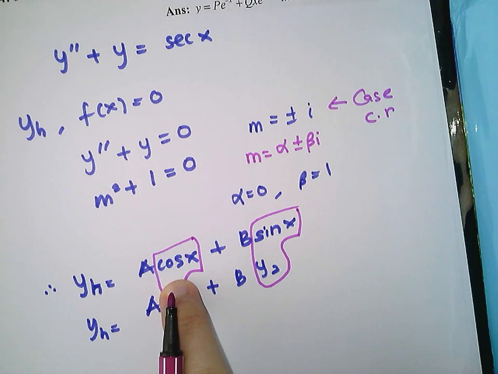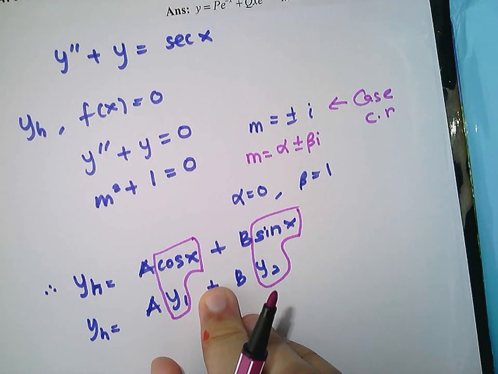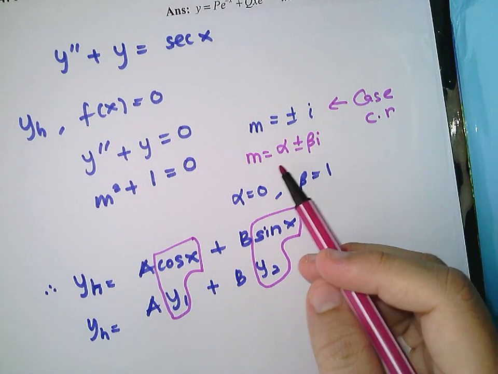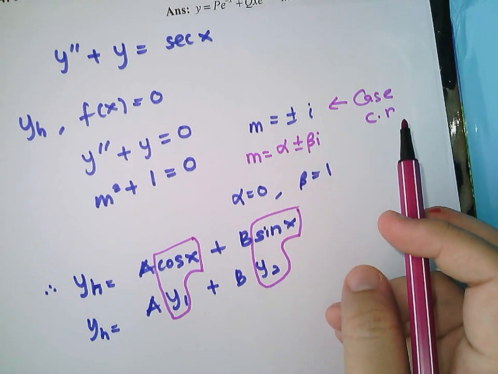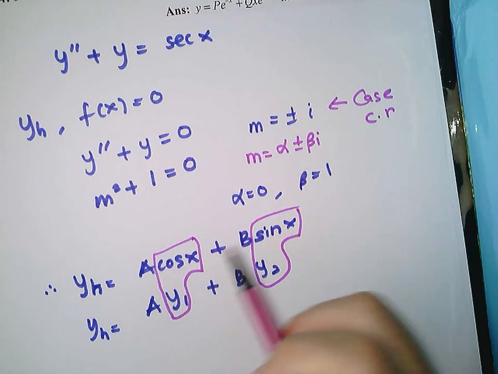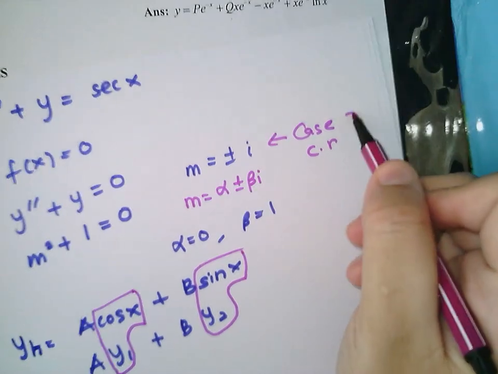Only for case 1, when you have two different roots, either one can be your m1 and either one can be your m2. But for case 2 and case 3 strictly you have to refer to your general. Since your m is in terms of complex root, this is your general solution for case 3.